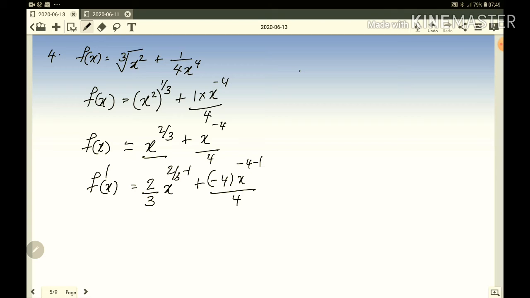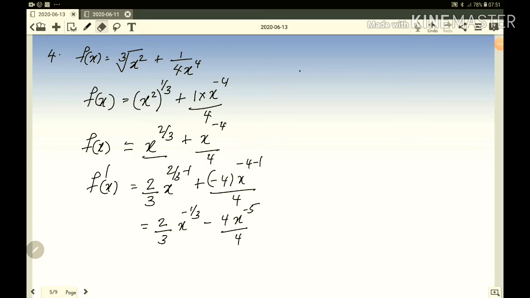Coefficients, just leave them as they are. Don't differentiate them, okay? Yeah, so the final answer is not final yet. Let me check whether I need to simplify it again. x to the power 2 over 3 minus 1. So it's going to be minus 1 over 3, right? Then minus 4 x to the power minus 5 divided by 4.